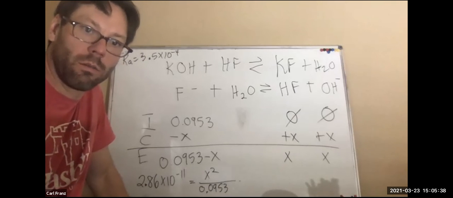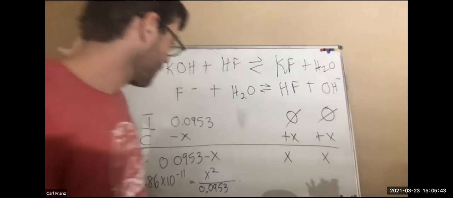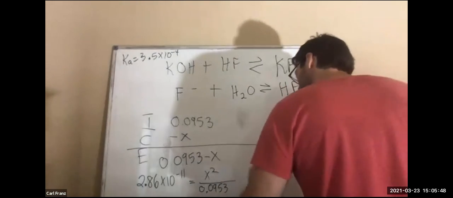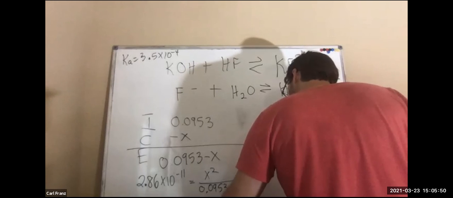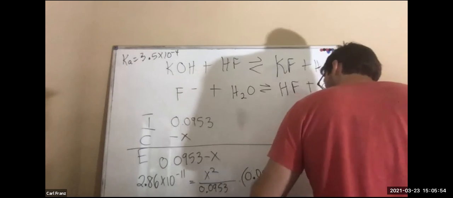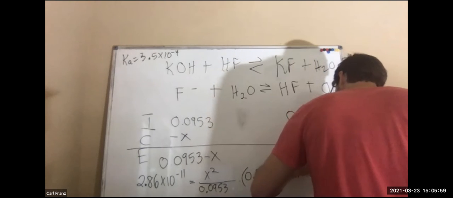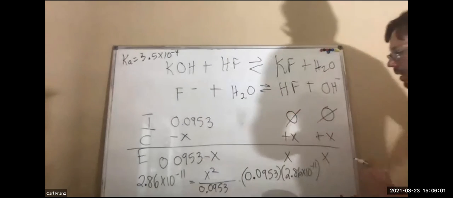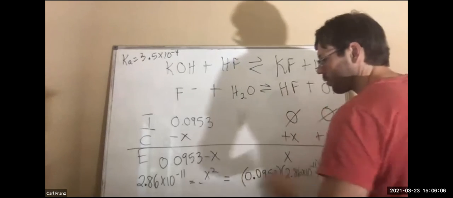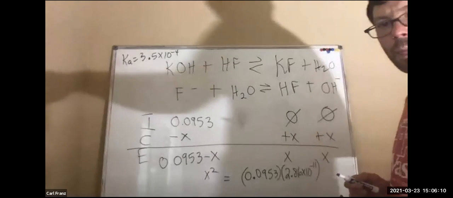So that's 0.0953 times 2.86 times 10 to the negative 11 is equal to x squared, right?